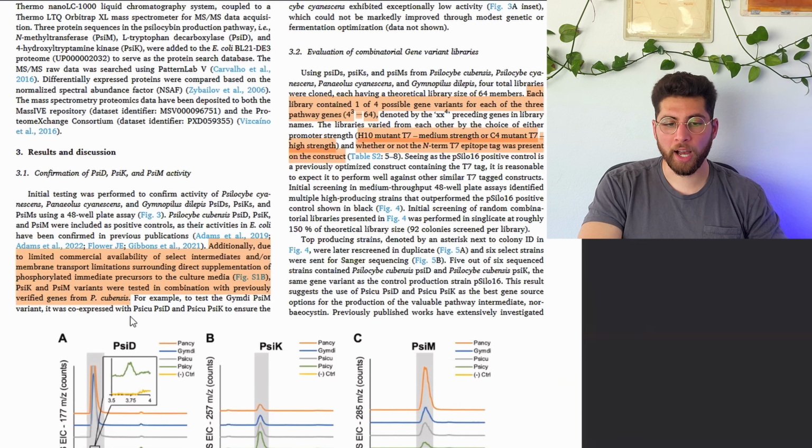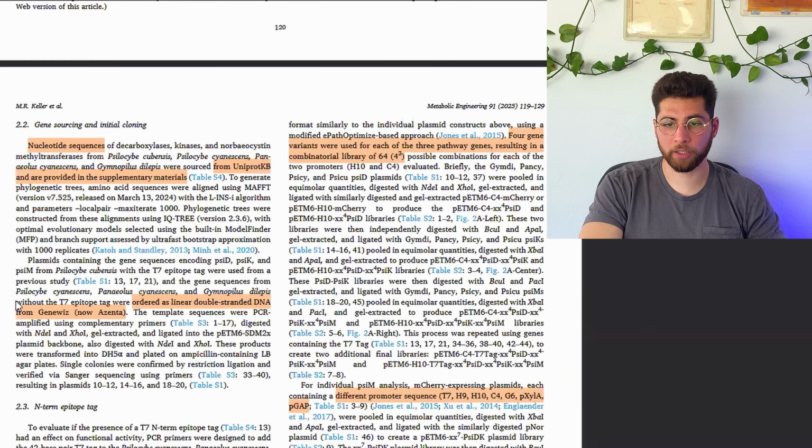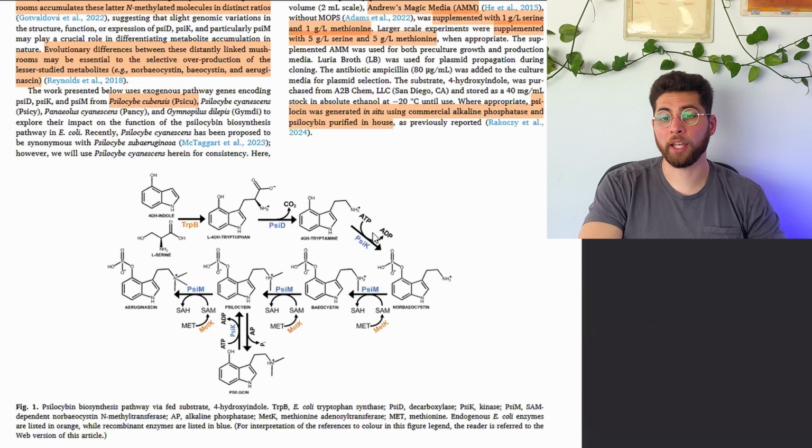So Psi-K and Psi-M, let's go back to this here. Psi-K and Psi-M were tested, but they couldn't get this 4-hydroxytryptamine. Either it was expensive to order or impossible to order, or when they added it to the culture media, it wasn't taken up by the cells.